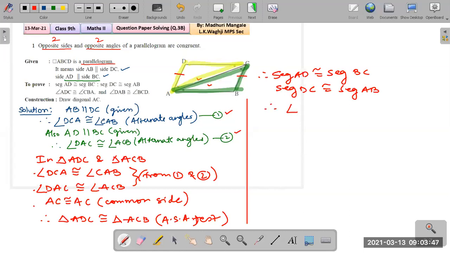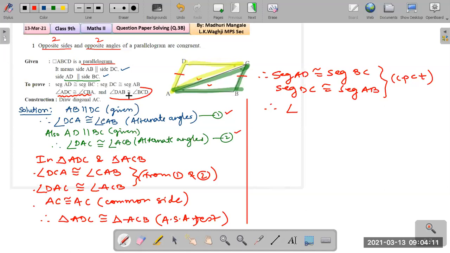So how can we say these are congruent? By corresponding parts of congruent triangles, right? CPCT. And also we can say the same thing about the angles. Now just check, angle ADC is congruent to angle CBA, but we can't say the same thing for DAB. So we can prove this part later.